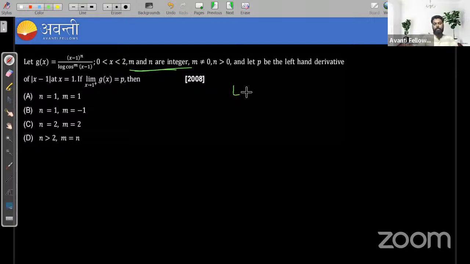So that is the left hand derivative of mod of x minus 1 at x is equal to 1, which is p.